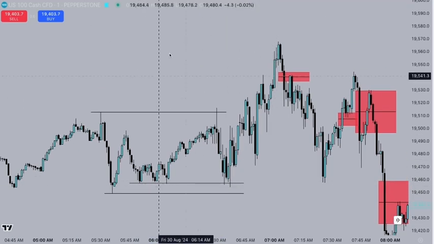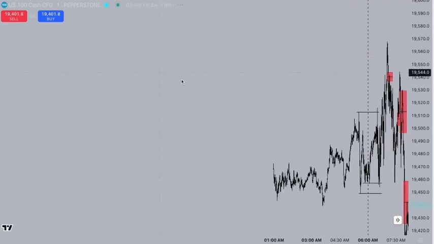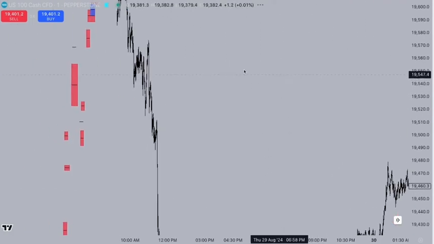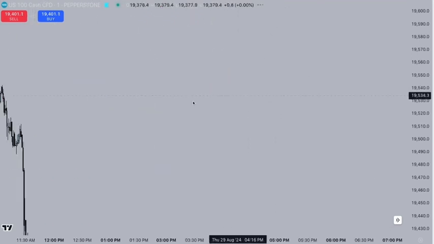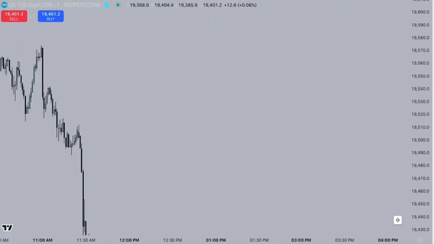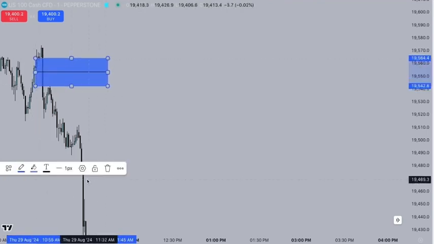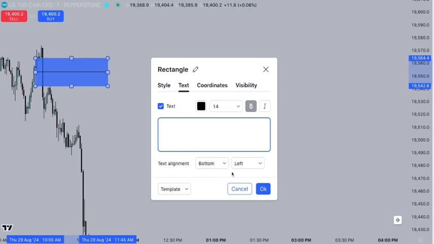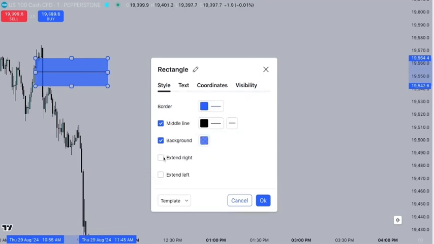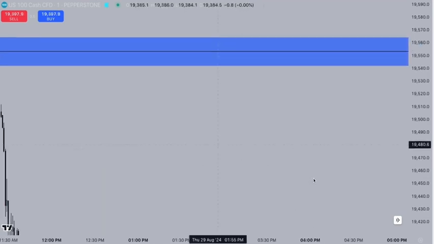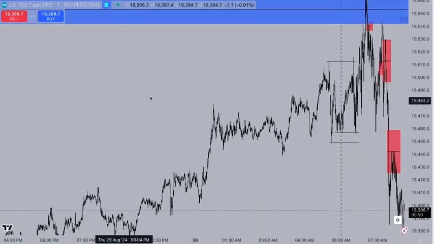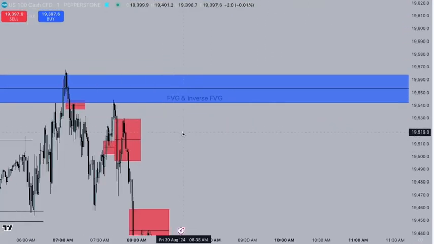And then I had other stuff marked out up here that I'm not going to show you guys just because it's a little too advanced, and I'll show you guys later on about stuff like that. So we're going to get this right here, fair value gap right here, and you guys can extend these as well. So let's see.